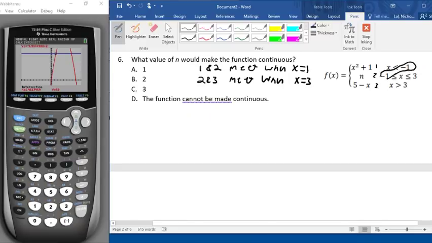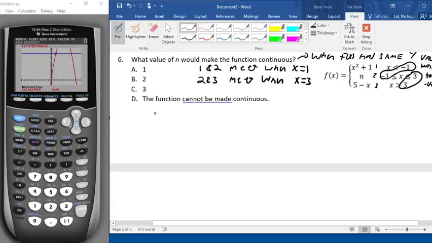This is when 1 and 2 meet. This is when 2 and 3 meet. And so the function is continuous when the f of x has the same y value when meeting up, when touching.